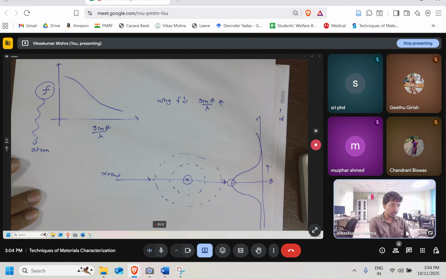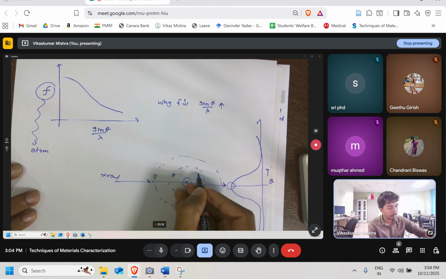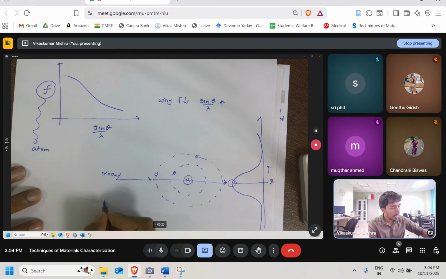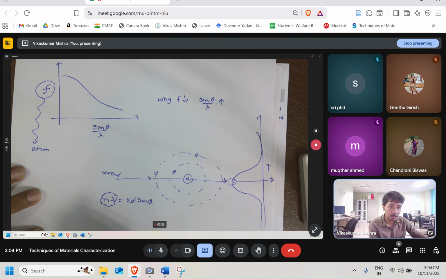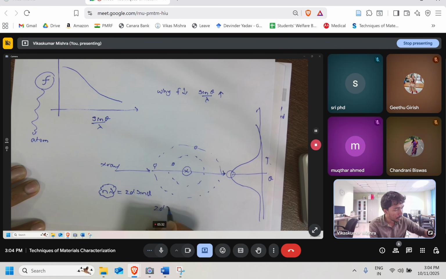It has to do with how the X-ray interacts with the electrons. We say n lambda equals 2d sine theta, right? We put n lambda so that Bragg's law is satisfied. But if we don't equate it with n lambda, what does 2d sine theta mean? It means the path difference.